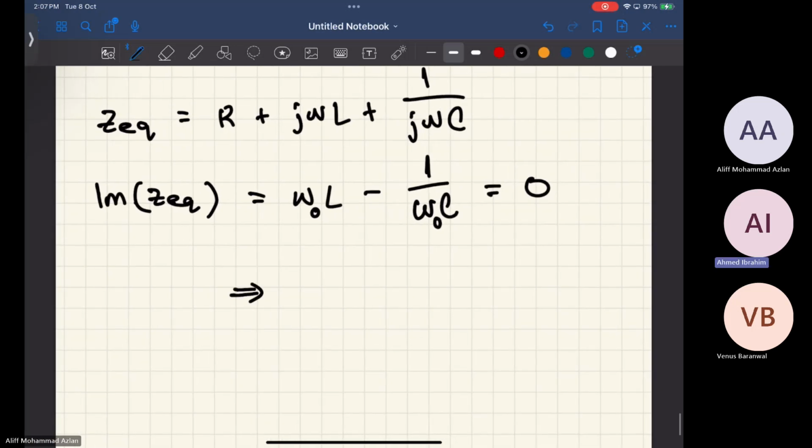So solving for that gives us 1 over root LC. And then you can just substitute in the values of L and C and get a numerical answer.